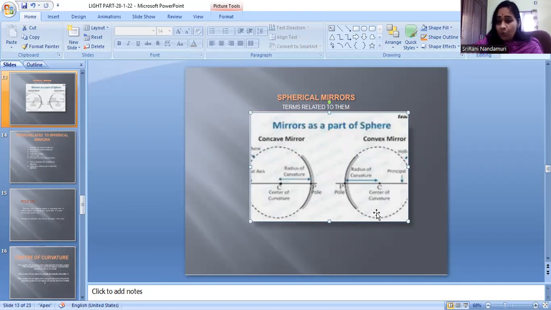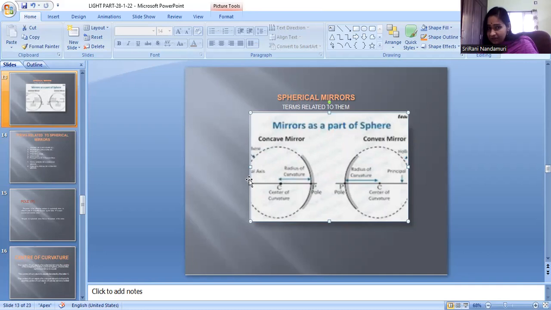And now, what is the principal axis? This is the line drawn from the center of curvature to the pole. The principal axis is an imaginary line drawn through the center of curvature and the pole.